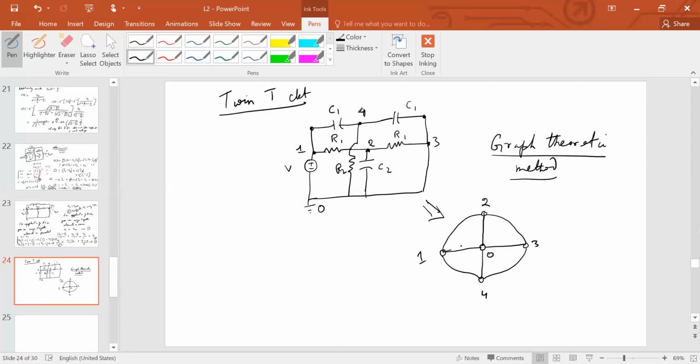Okay, and let me name these currents. So what is this element going to represent? Between 1 and 2, you can see this is going to be R1. Between 2 and 3, again this is going to be R1. Between 3 and 0, I think I missed something here.